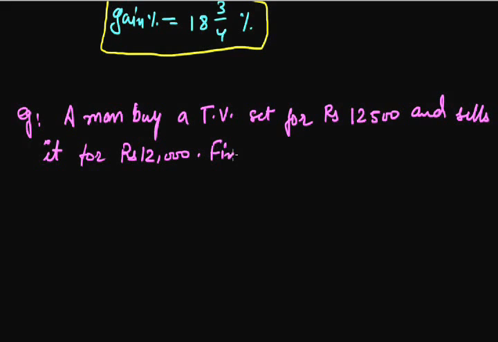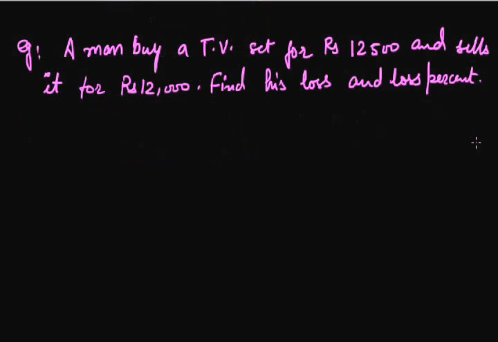Find his loss and loss percent. In this question, the man is buying the TV at rupees 12,500 and sells it for rupees 12,000.